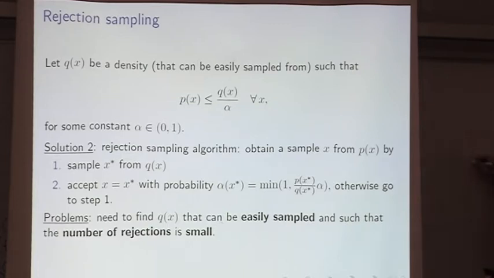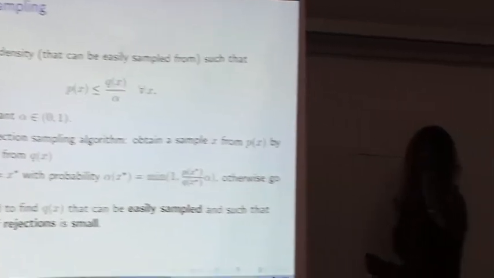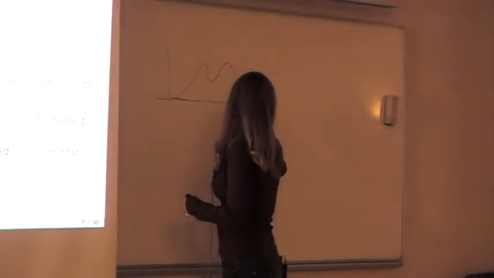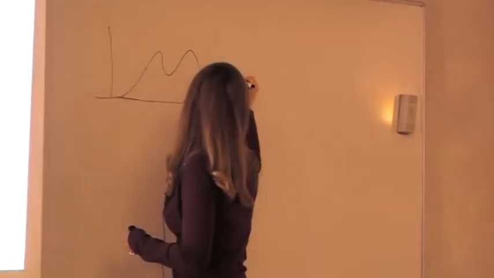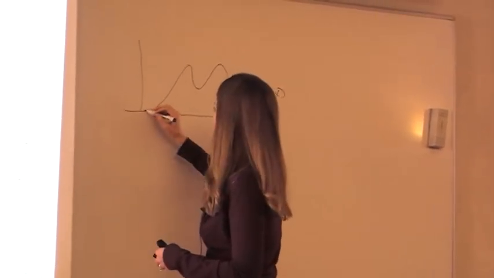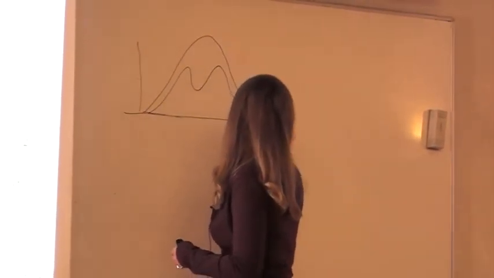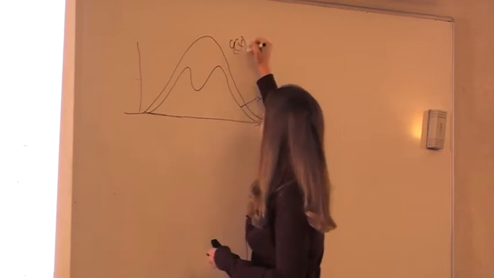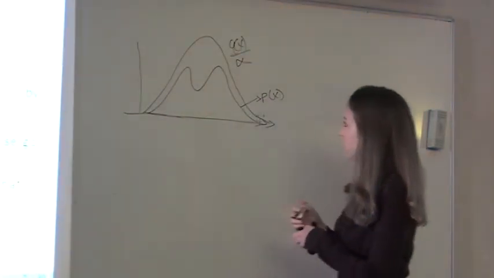So let's just draw a picture here. Suppose this is P of x. We have Q of x here. This is Q of x divided by alpha.